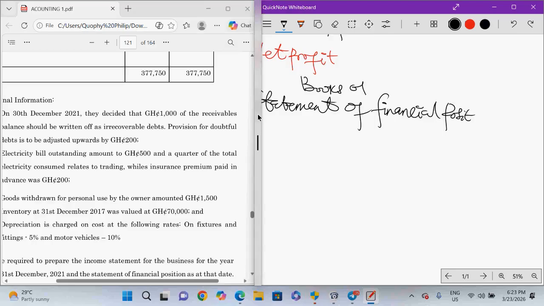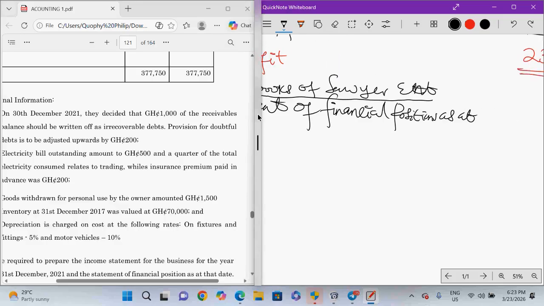Books of Sawyer Enterprise. This is a separate book. Statement of financial position as at, what is the date? December 2021.